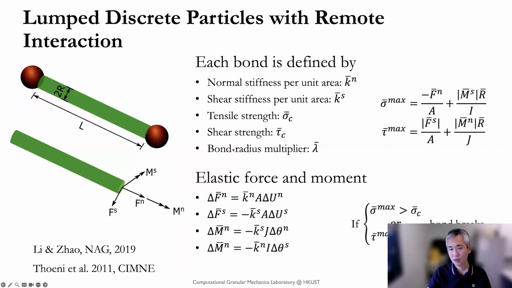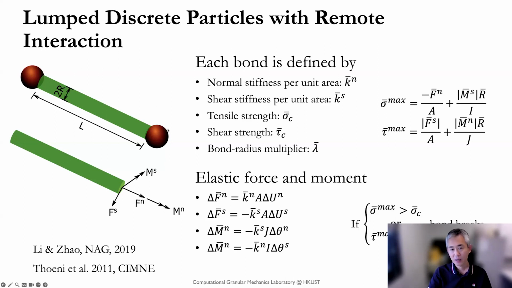For each bond, the bond has certain normal and shear stiffness, and they have tensile strength, shear strength, and also a radius as well. They can develop certain elastic forces, and then have a strength criterion, and it can be broken here, right?